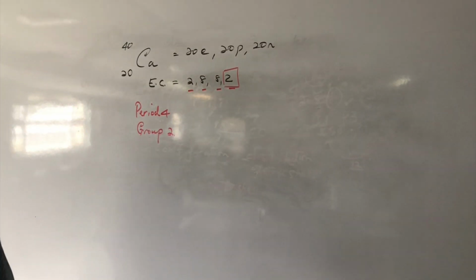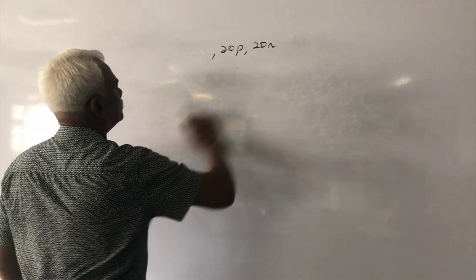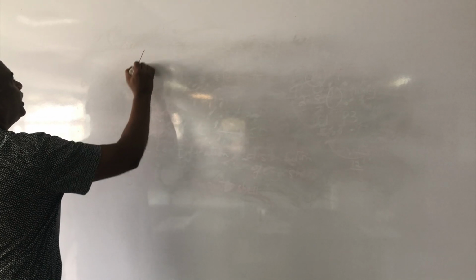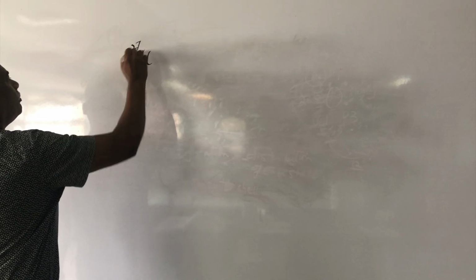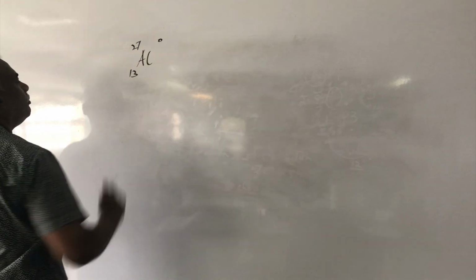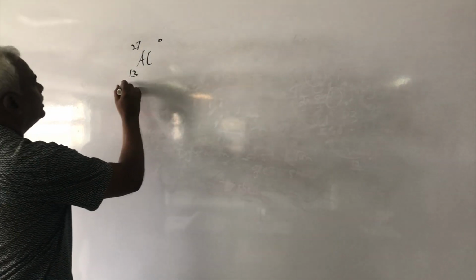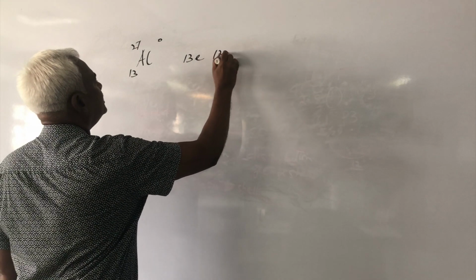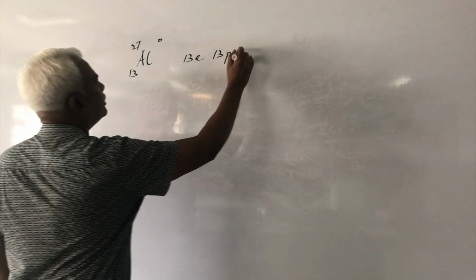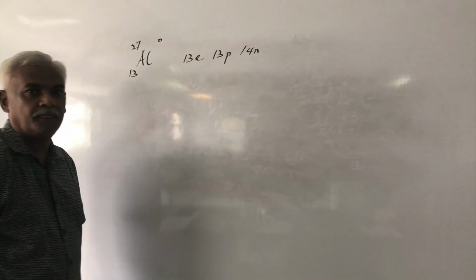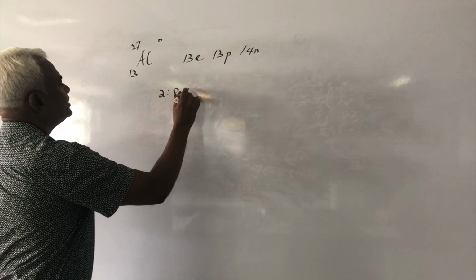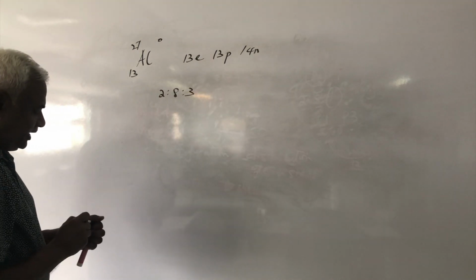Another example. Let's look at aluminum. Aluminum, 13 electrons, 13 protons, and by subtraction, 14 neutrons. 13 electrons will be distributed 2, 8, 3.